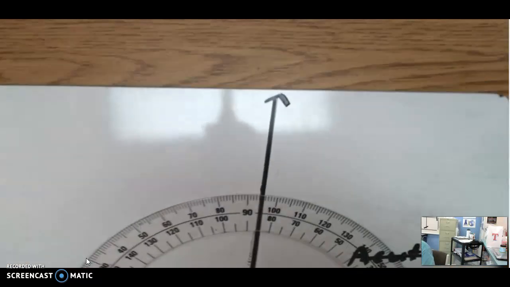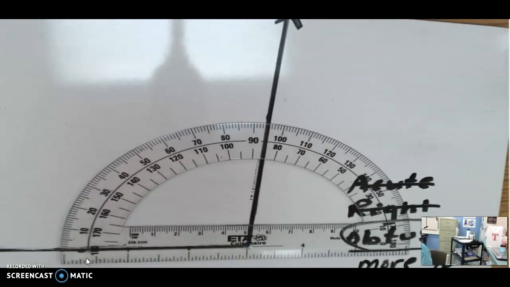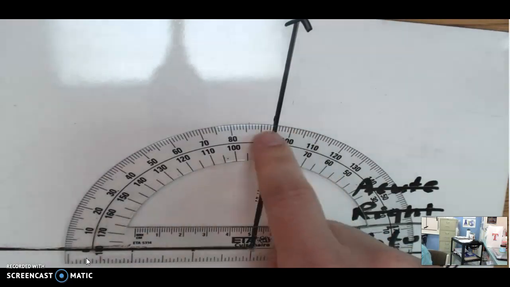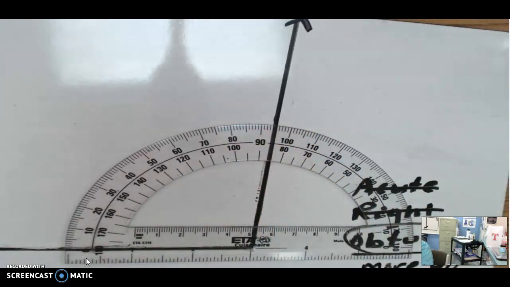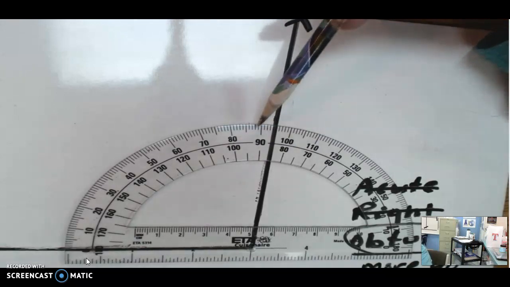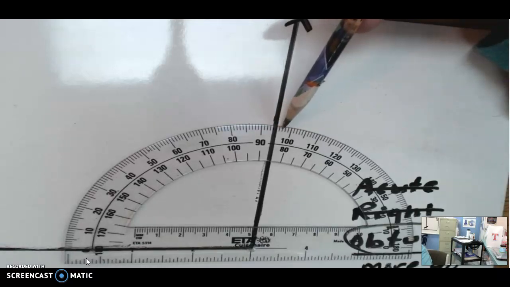Now, let's see if I can zoom in here and focus. There we go, get out of the glare. It is between 90 and 100. Just like a number line, each of these little lines means something, right? This would be 91, 92, 93, 94, 95, 96, 97, 98, 99, 100.